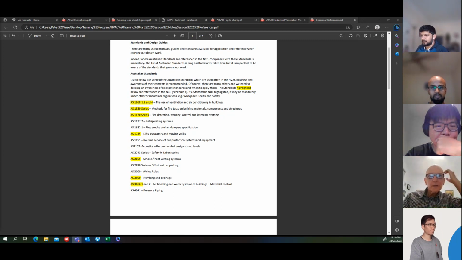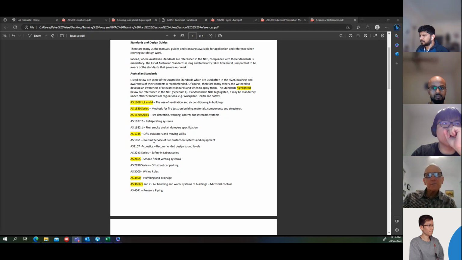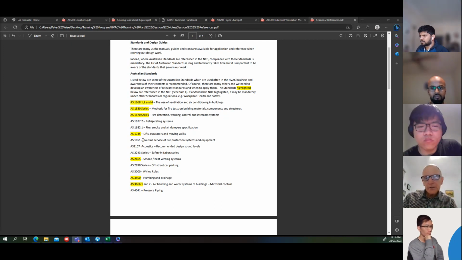I won't go into more detail, but if you're trying to work out the ventilation, it'll tell you in there. AS 1851 is routine service for fire protection systems. That talks about the frequency of service or inspection of fire dampers and things like that that are involved in mechanical services.